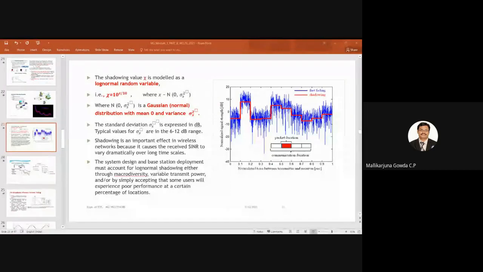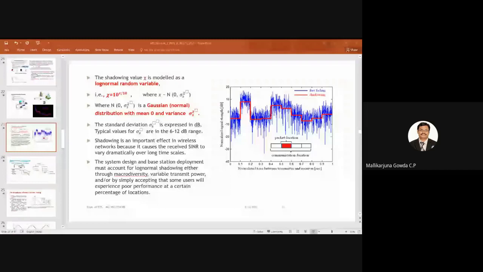What I wanted to say here is that shadowing is an important effect in wireless networks because it causes the received signal to interference noise ratio to vary dramatically over long time scales.